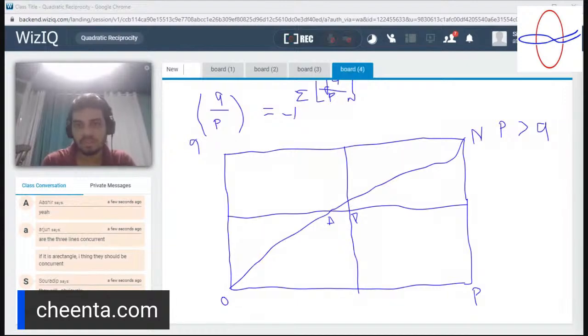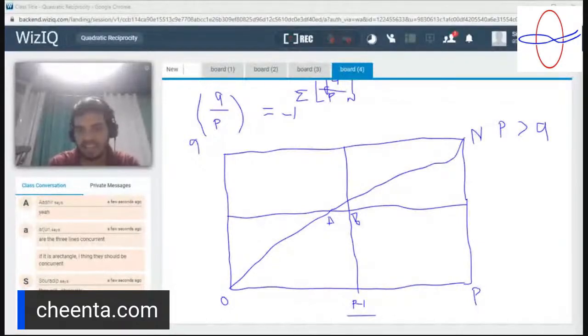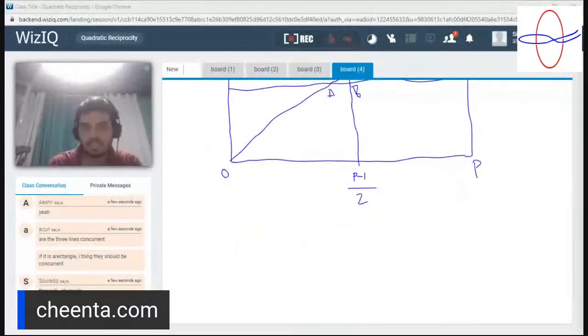This is not P by 2. I will just explain. It would be concurrent if this was P by 2 and this was Q by 2. But this is actually P minus 1 over 2. Remember, P by 2 and Q by 2 are not integers here either. So these are lines at P minus 1 by 2 and Q minus 1 by 2.